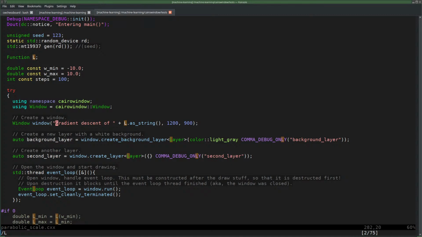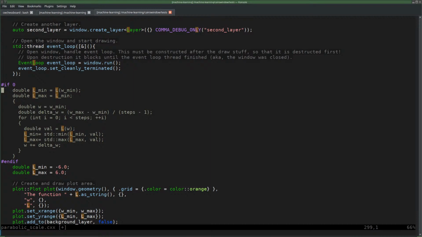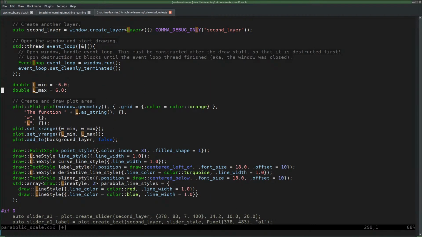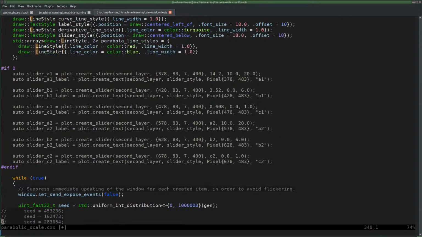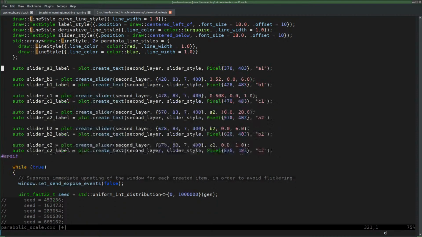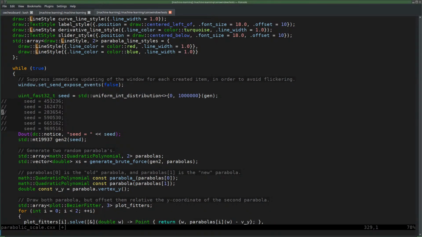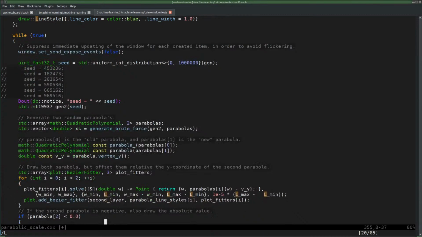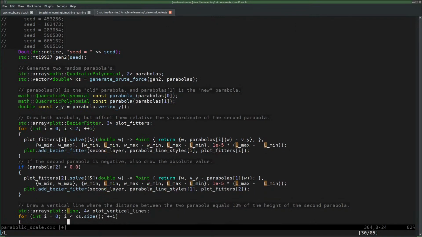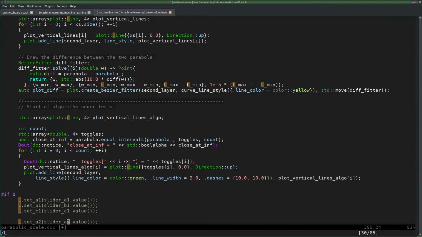It isn't even doing gradient descent. The other one is going to do this. No.